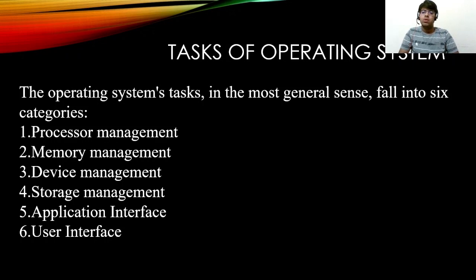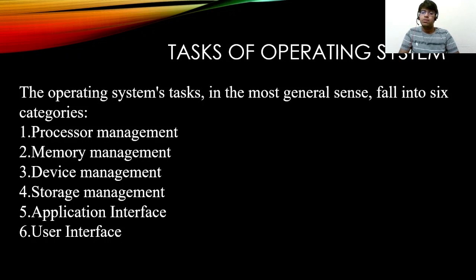In this, the OS manages the main memory, or RAM, and it handles all the RAM-based management. Third one, device management. Here the OS manages all the interfaces, both the input and output devices as well.